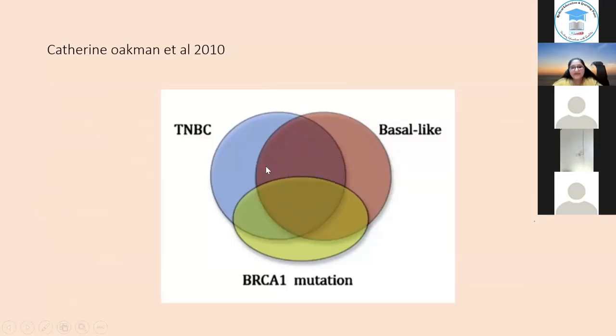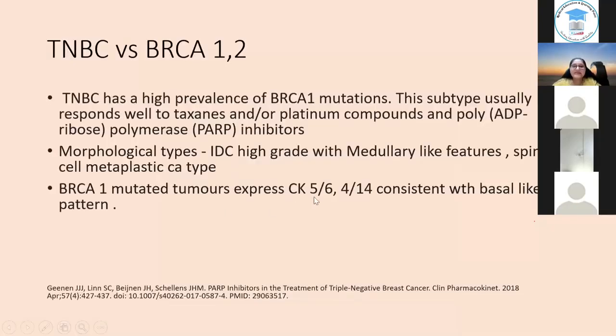Similarly, basal-like cancer by molecular subtype, which are TNBC, is this area. This is the green circle of BRCA mutation. But you can see the darker green area in between. This darker green area is TNBC, which is basal-like and which has BRCA mutation as well. This is the point I was telling about, the last line, which is CK5/6 positive and CK14 positive.